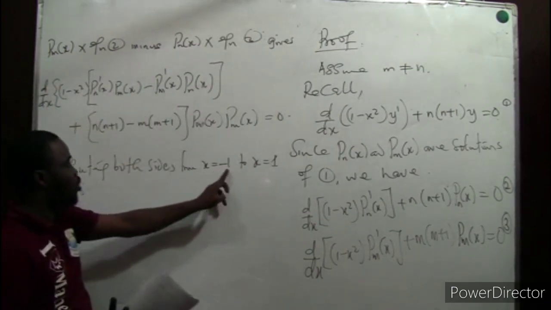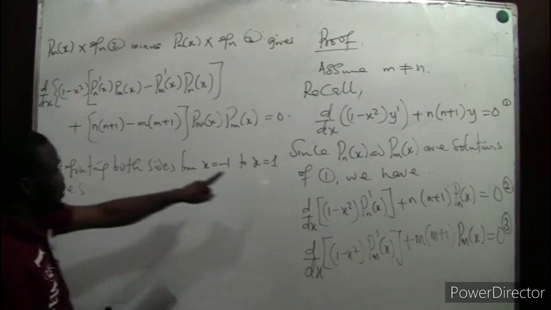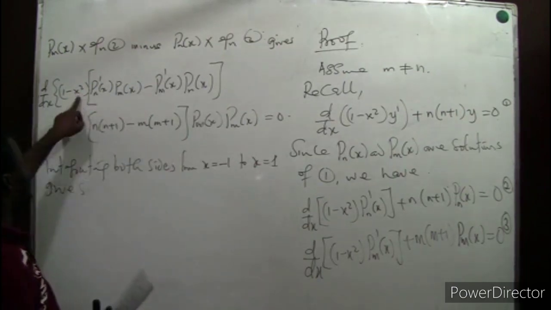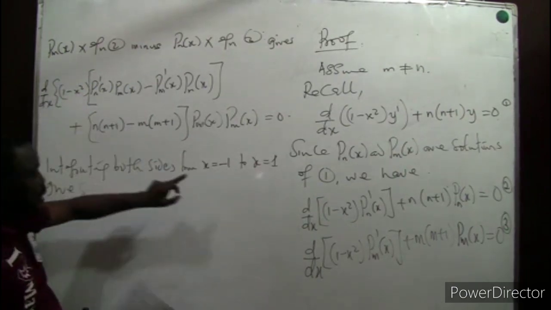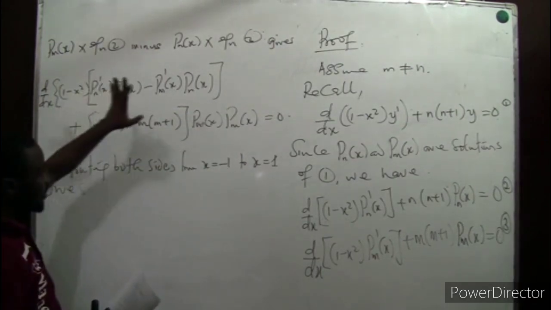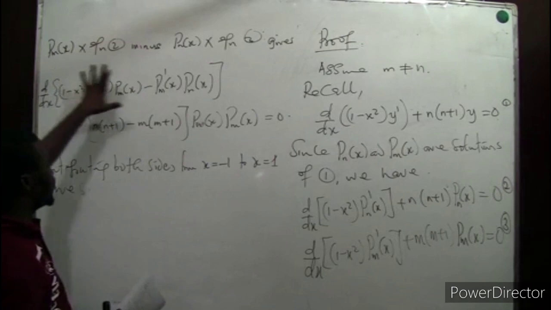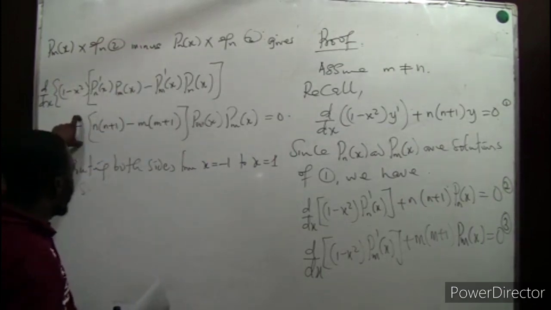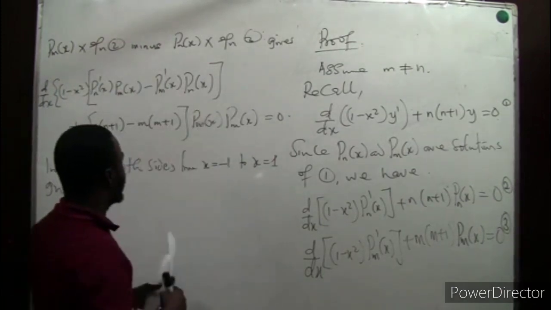If I substitute 1 into this expression, I will generate 0. If I substitute minus 1 into this expression, I have 0. Since it is a definite integral, 0 minus 0 gives 0. So we are going to be left alone with what we have here.